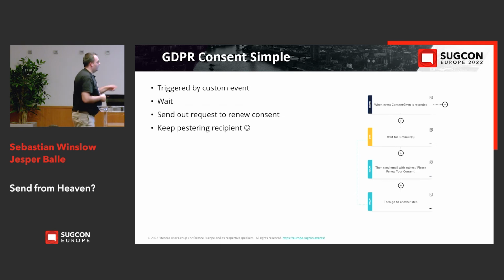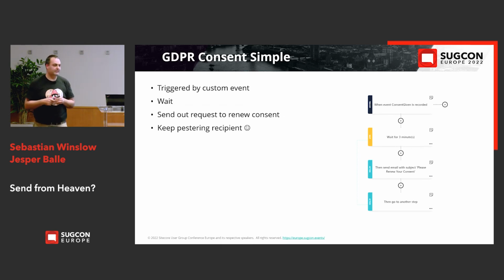So if that is recorded, wait for, in this case, 3 minutes, because I didn't want to wait for 2 years testing it out, and then send an email out, please renew your consent, and then go to another step, which goes back, wait for the next period of time before I have to ask again whether or not you accept.